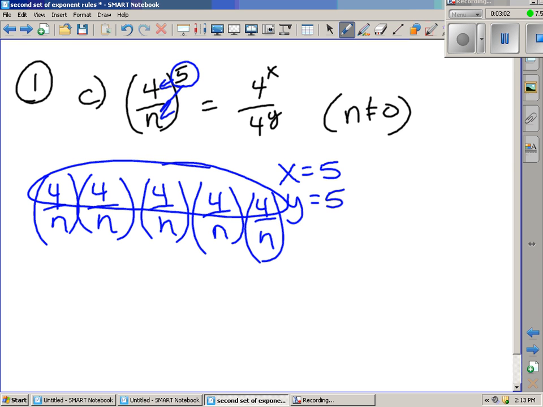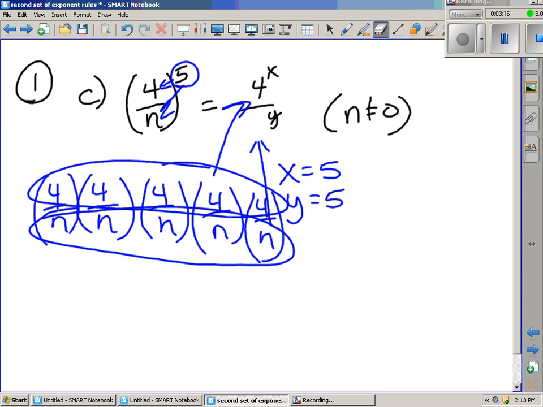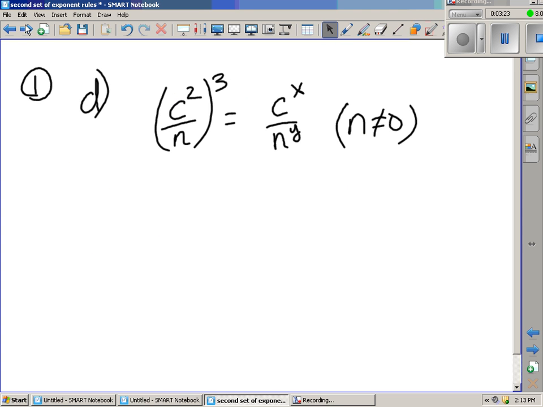And hopefully you can see that this is equivalent to 4 to the 5th, and this is equivalent to n to the 5th power. And I don't know why I have that written there. Let me fix that. That is a 4. It should be an n. So n to the power of y.